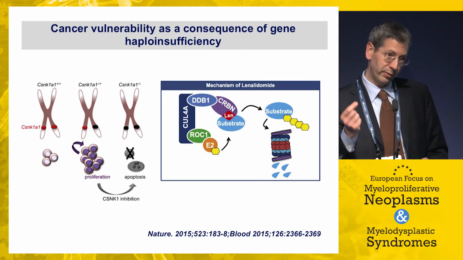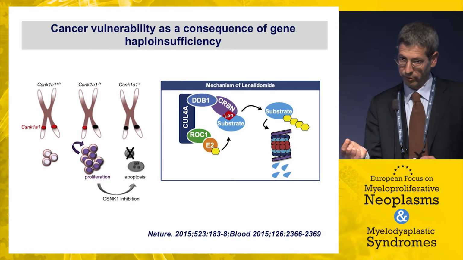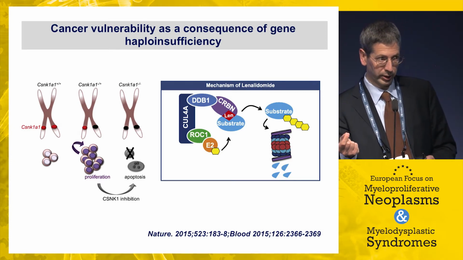Therefore, the 5q minus clone that is haploinsufficient for this protein is more vulnerable to the effect of the drug compared to the normal hematopoietic stem cells.